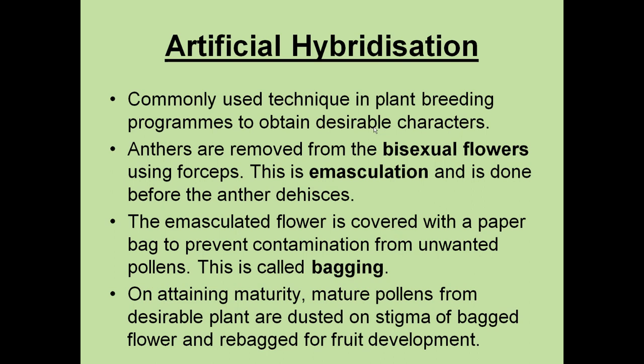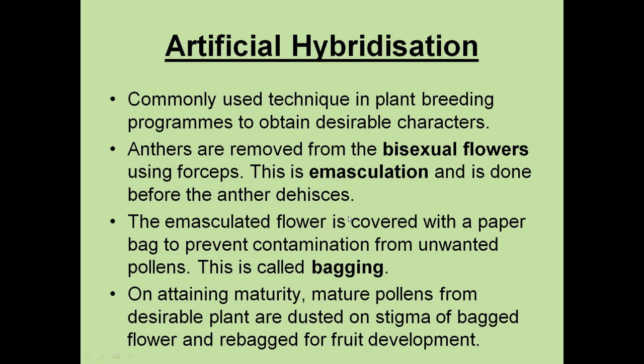In this, we have to follow two methods, that is emasculation and bagging, for successful achievement of desirable characteristics in the plant. As you can see, emasculation is the removal of anthers before any sort of dehiscence in bisexual flowers.